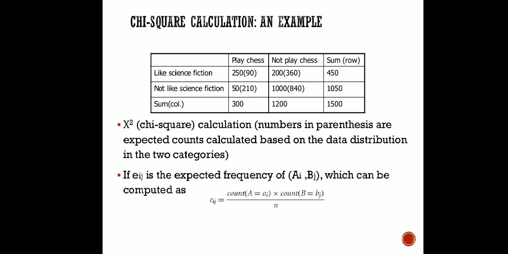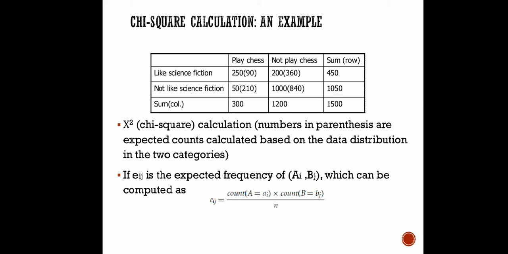For the first value, what will be the value for AI? It will be 300, and for BJ it will be 450, because these are the corresponding row sum and column sum according to 250, and the total outcome is 1500.